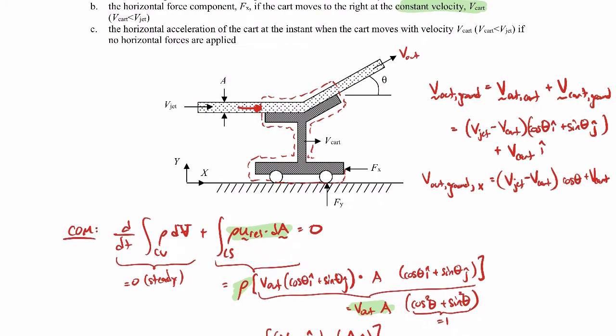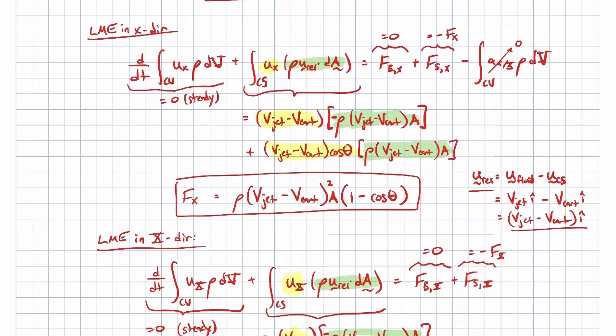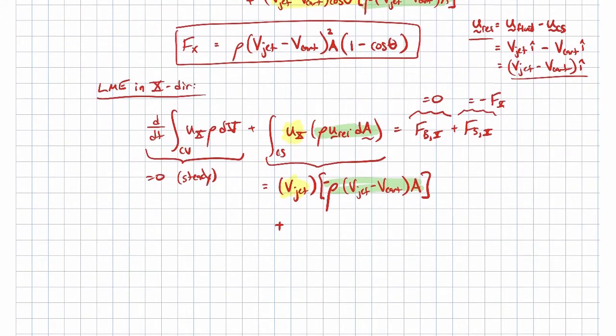The way to think about it is we previously found what v out was relative to the cart, that v jet minus v cart. You take the horizontal component of it, that gives you the cosine theta, and then we have to keep in mind that this whole cart is moving to the right, so we add in that velocity. So that's the term that I have to use down here. So let me write that out.